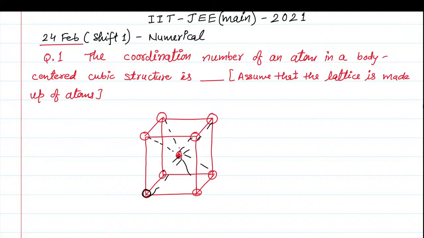Fast, very easy. I have explained already. Yes, beta. What is the coordination number of an atom in a BCC lattice?